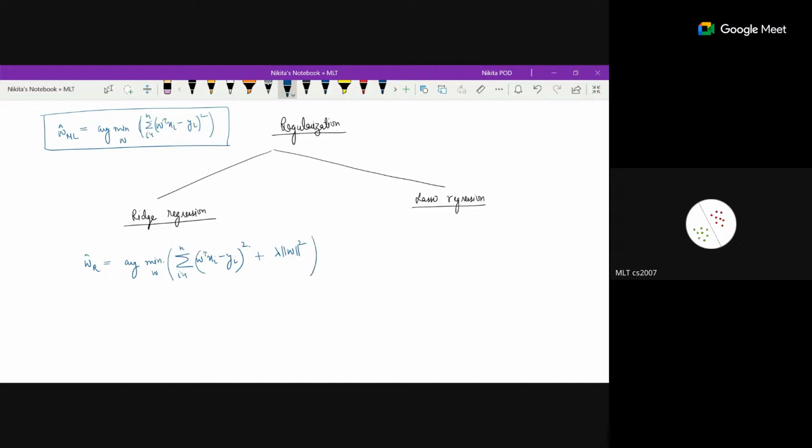Okay, so this is my W hat R, and this is called the penalty or regularizer term.